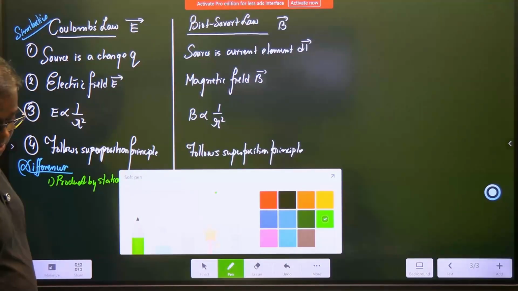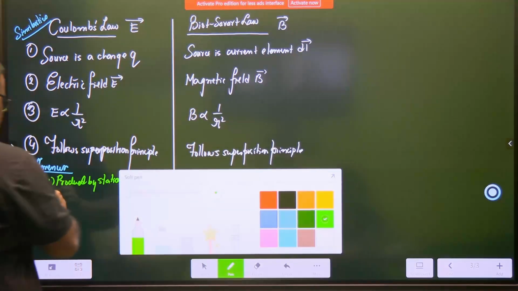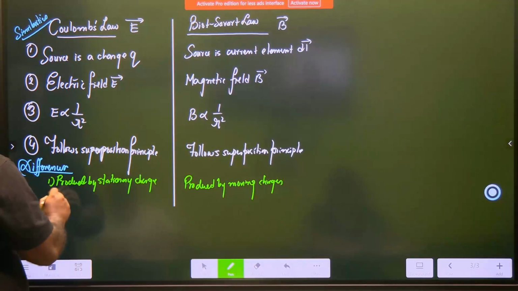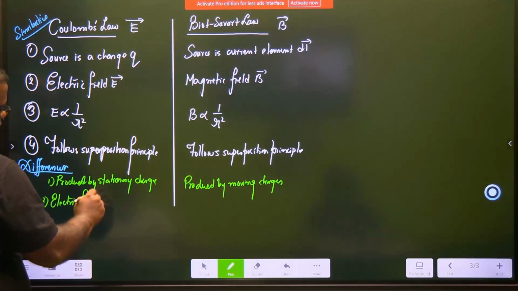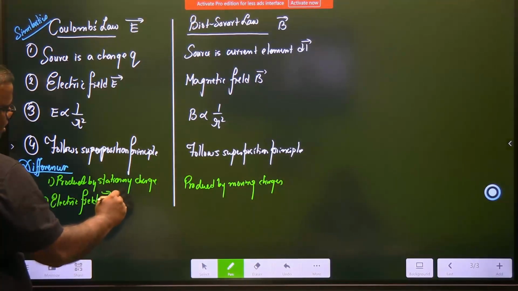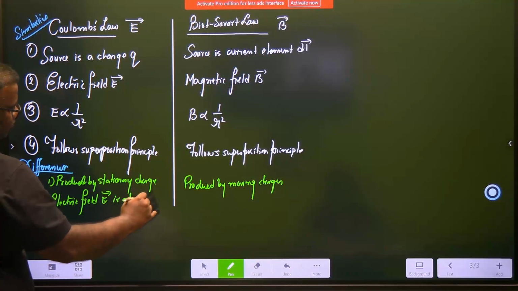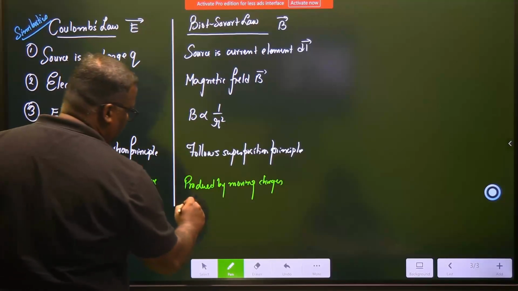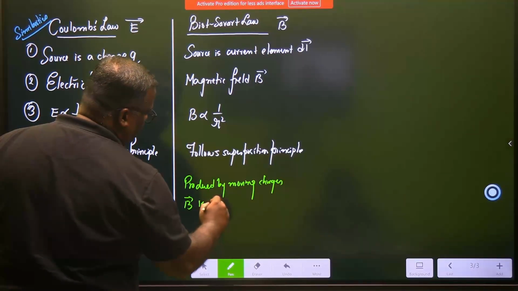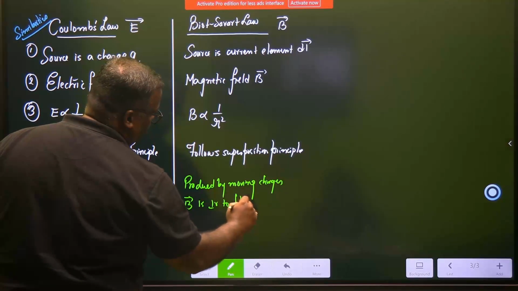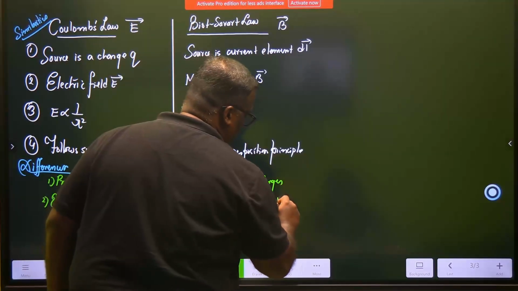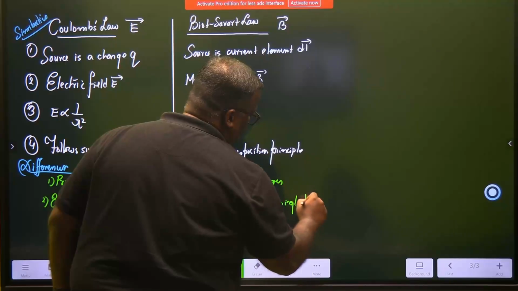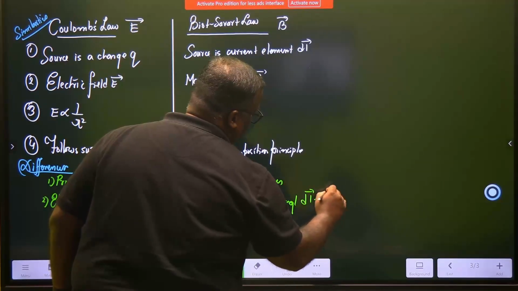Then our next point is, this is interesting. Electric field E is along r. Here magnetic field B is perpendicular to the plane containing the dl vector and r vector.